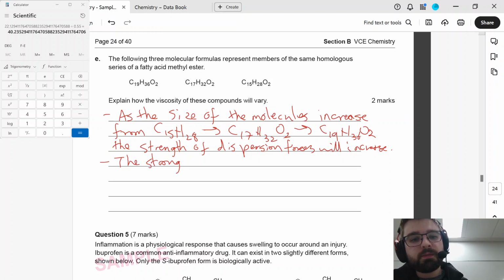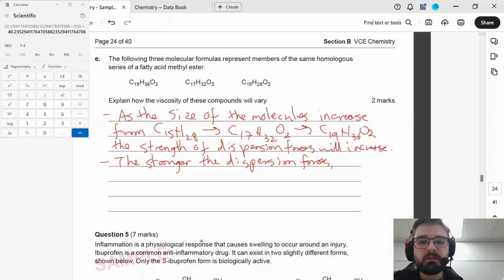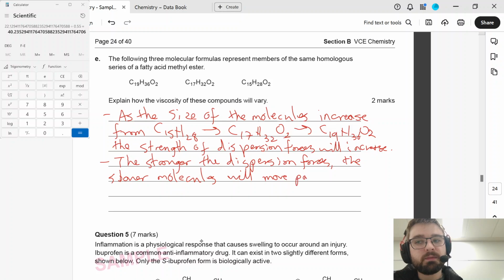The stronger the dispersion forces, the slower, or you could say more friction, the slower molecules will move past each other, leading to higher viscosity.